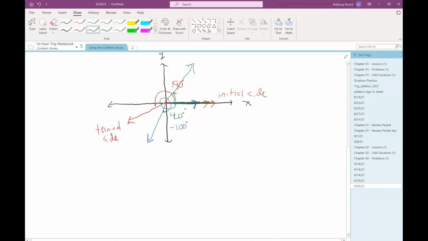So now we've come up with a way to define an angle of any size, right? Can be as big as we want, can be as small as we want. Any number is now an okay number for an angle measurement, right? Before we were stuck between 0 and 180 degrees.